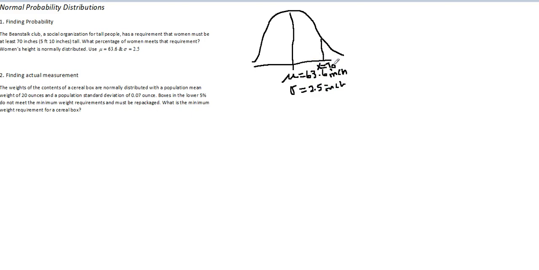So right here, we want to look at this area here. Okay, alright, so now we want to write it as a symbol. So P(x > 70). So we set up all the information onto the normal distribution there. So this is the normal distribution.